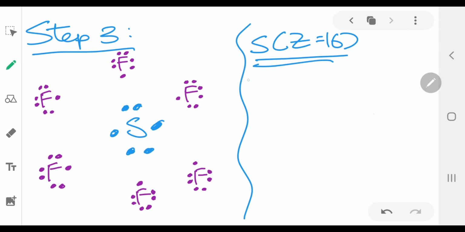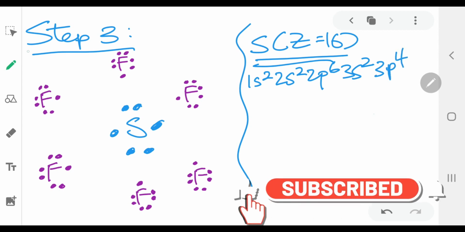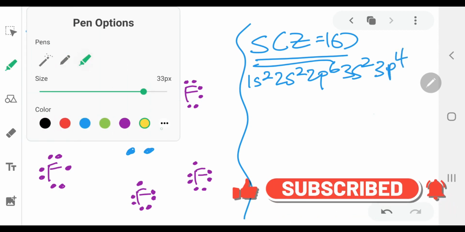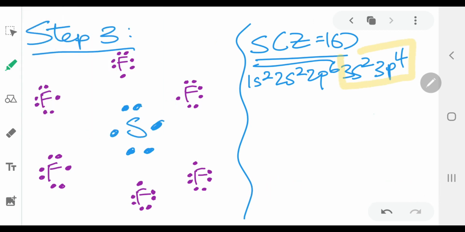The SPDF notation would be 1s2, 2s2, 2p6, 3s2, 3p4. You have 16. And when you look here, that is the indication that your sulfur atom is situated on period 3. And when it is on period 3, it will have d orbital characteristic.